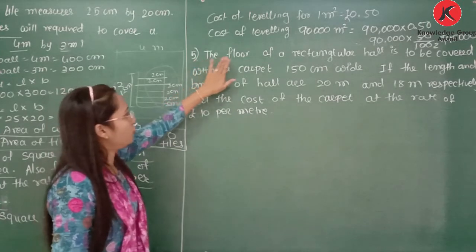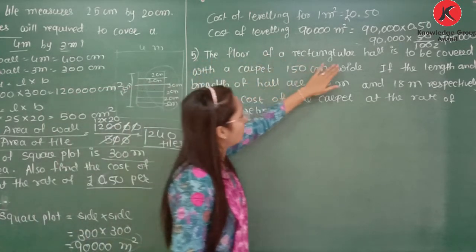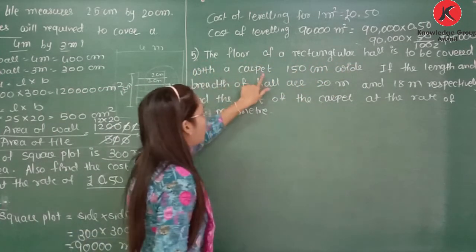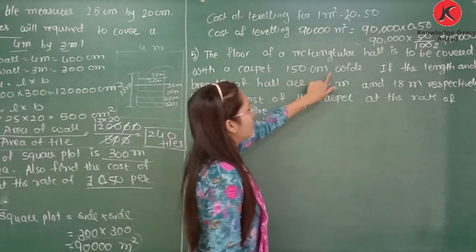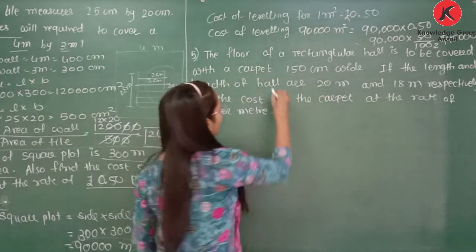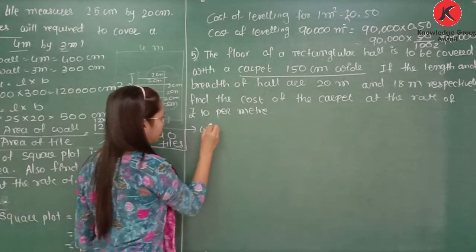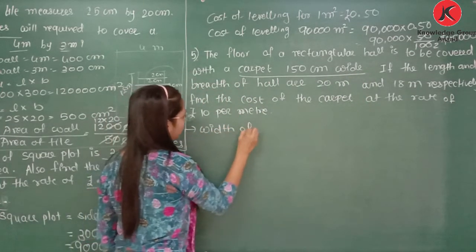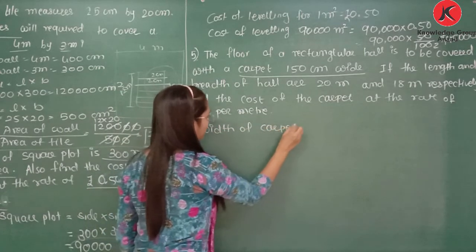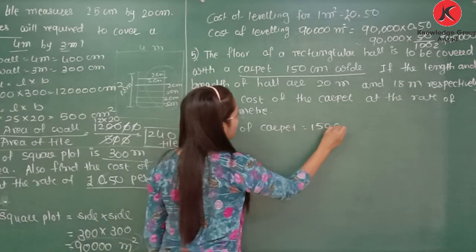Now next, the floor of a rectangular hall is to be covered with carpet 150 centimeter wide. Width of carpet is given, 150 centimeter.